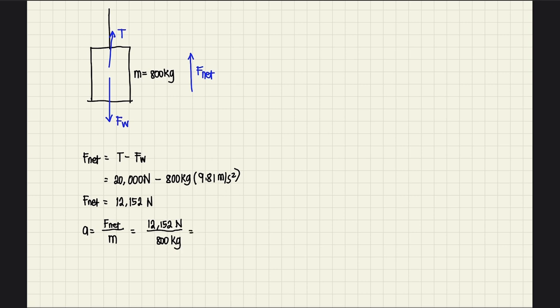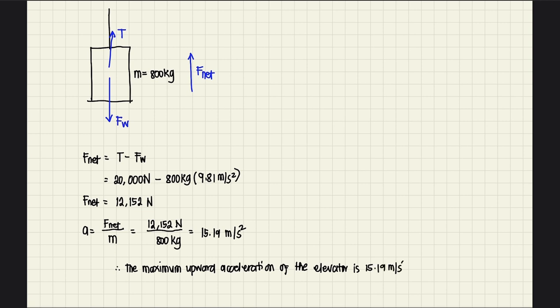So the maximum upward acceleration of the elevator is 15.19 meters per second squared.